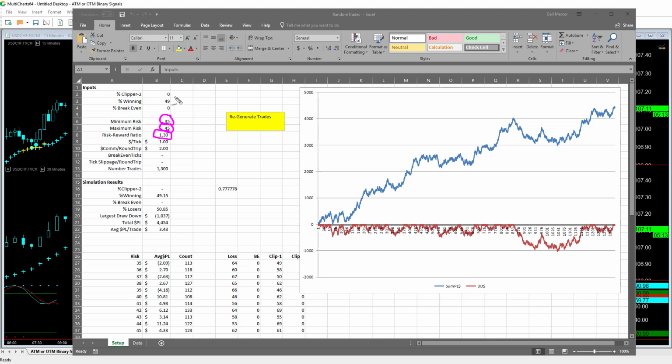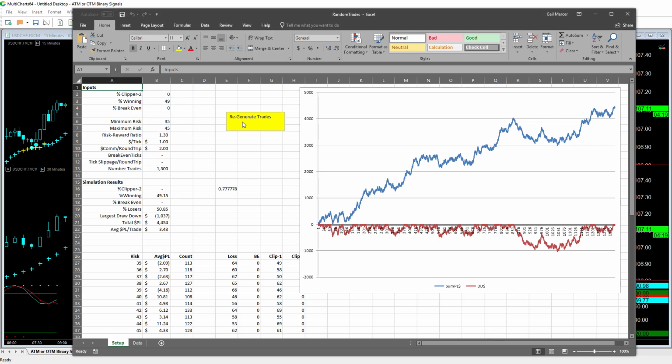So as you can see, with a 49% winning ratio, which shows you here it calculated 49.15 because this randomly generates and will not always hit that exact number, you can see that initially you might have been off to a rough start, but then the strategy did kick in and it did make money.